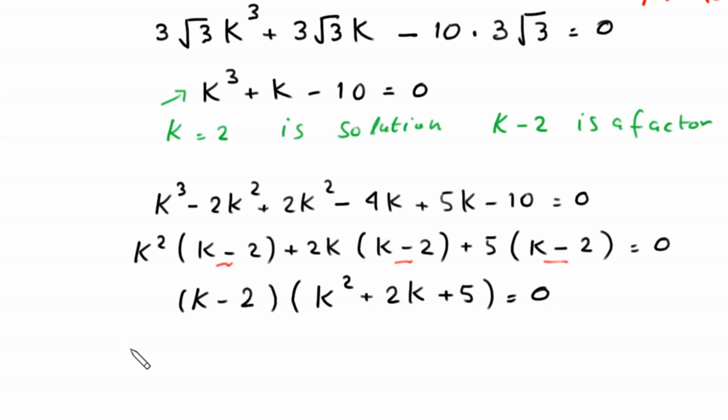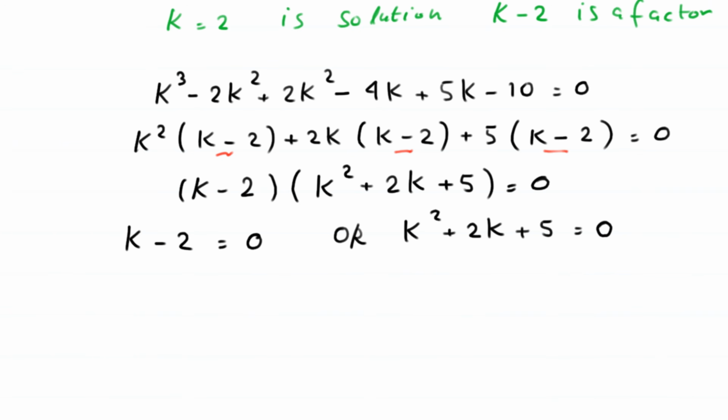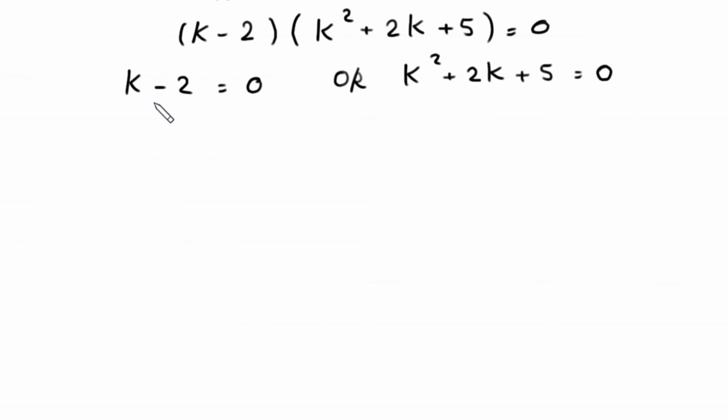From here either k minus 2 equals 0, or k squared plus 2k plus 5 equals 0. From the first equation we get k equal to 2, and for this quadratic equation we check the discriminant, also called delta, which is equal to b squared minus 4ac.